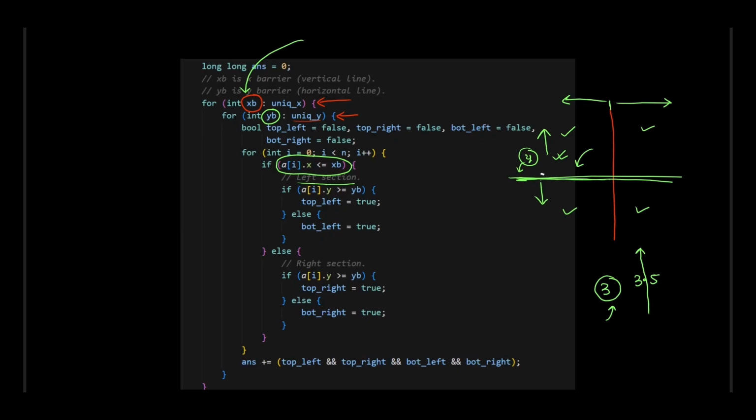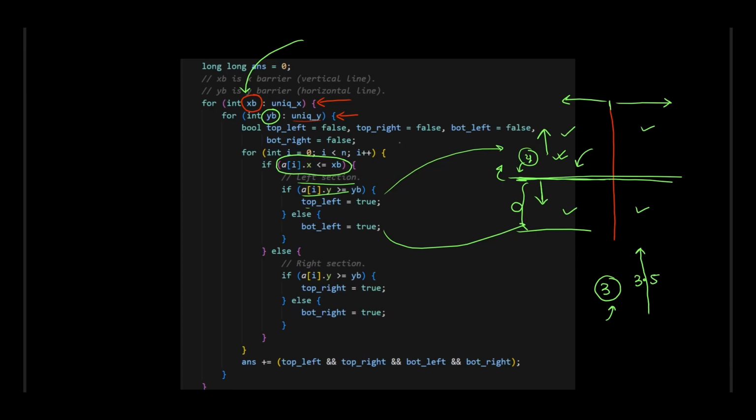If the y value of that point is smaller than the y barrier that you have placed, then that point will be in this quadrant. Or if the value is bigger, then it will be in the top left section or in the bottom left section. The same thing you repeat for the right hand side.